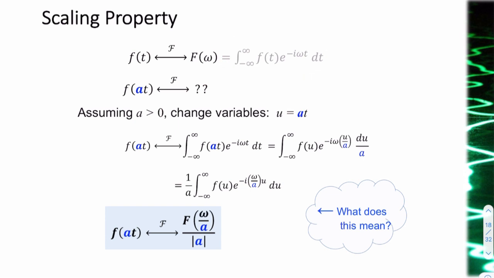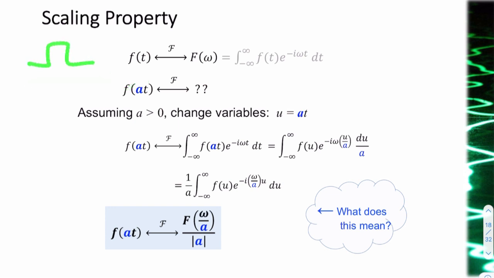The question is, what would happen if I were to multiply the independent variable t by some constant a? So I'm not saying a multiplied by f of t, because we've done that. That was linearity. Now we're talking about f of at. So we're multiplying the independent variable. So what we're doing effectively is scaling our signal in time.